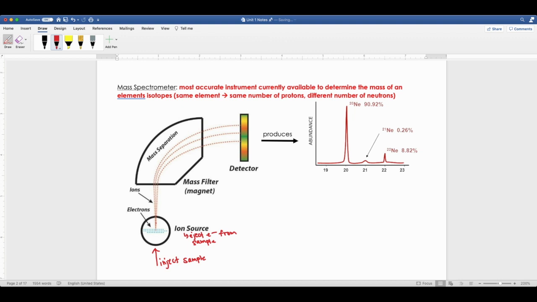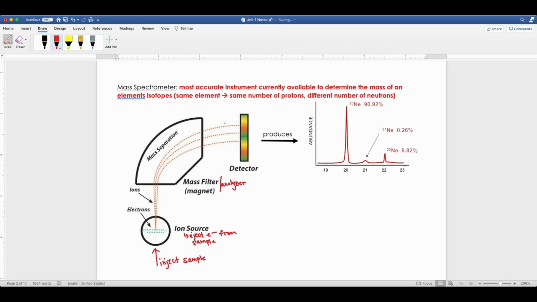And we do that using a giant magnet, and that's what this is right here. Once it enters this magnet, it's going to go around this curve. And this mass filter or analyzer is going to separate these different isotopes based on their mass.